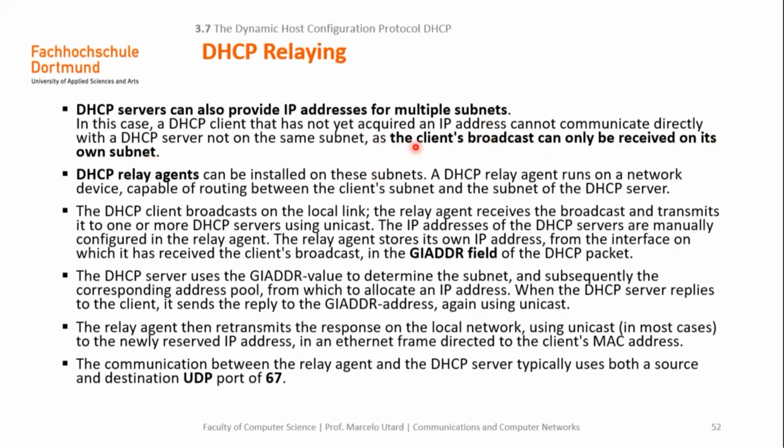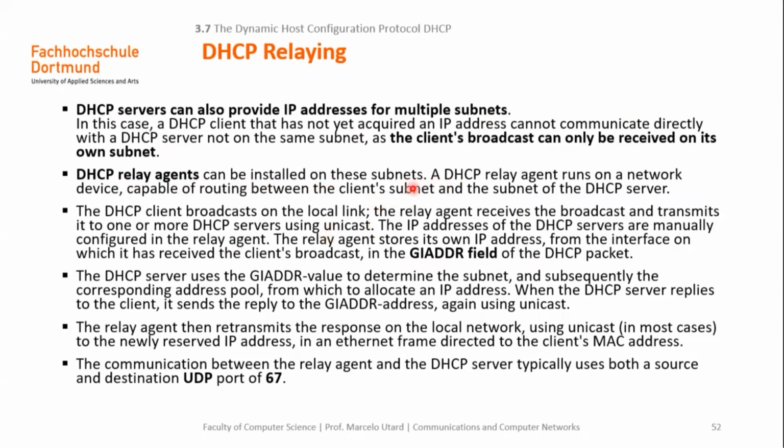Then we need to propagate the DHCP discovery of a client to a remote DHCP server. In order to perform that task, the DHCP relay agent can be installed and configured on these subnets. A DHCP relay agent runs on a network device, typically a router, capable of routing between the client subnet and the subnet of the DHCP server.